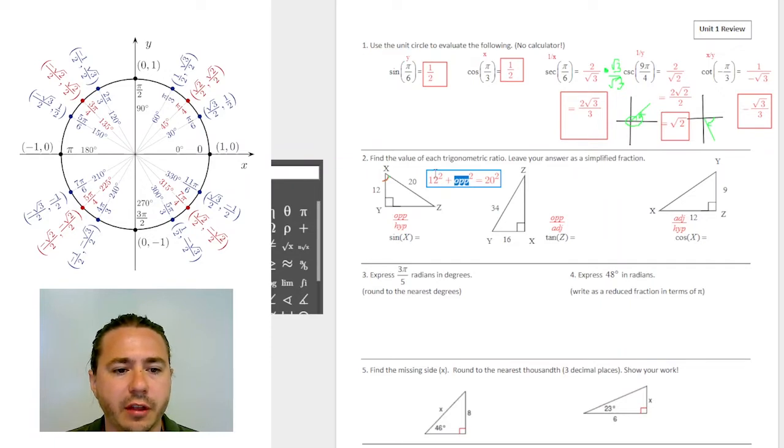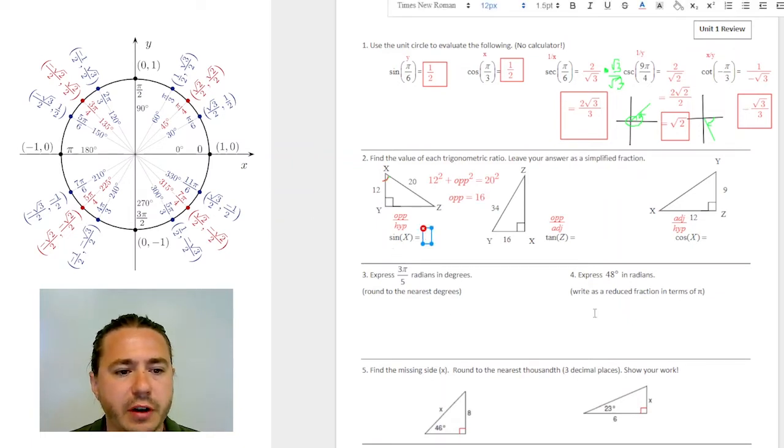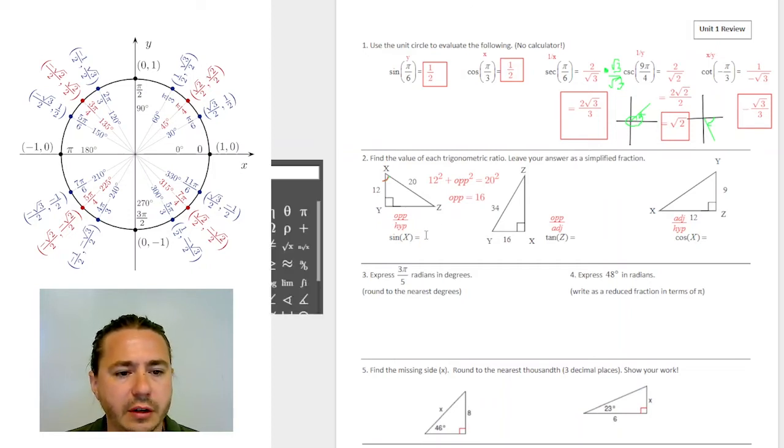Basically you're going to square everything, subtract the 144, and then take the square root. And what you end up getting is that the opposite side is 16. So sine of x, which is opposite over hypotenuse, is going to be 16 over the hypotenuse, which is 20.